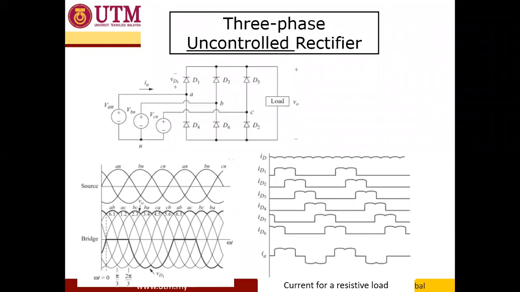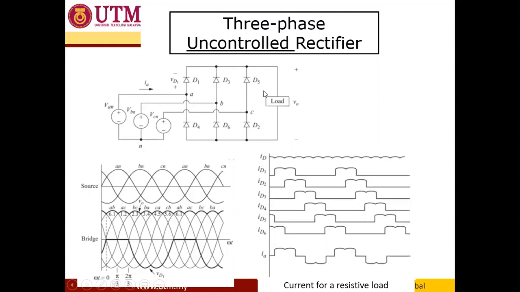So this is the three-phase uncontrolled rectifier circuit where the power devices are diodes. As you can see, we have a three-phase source connected in star, VAN, VBN, and VCN, and we have three legs here.